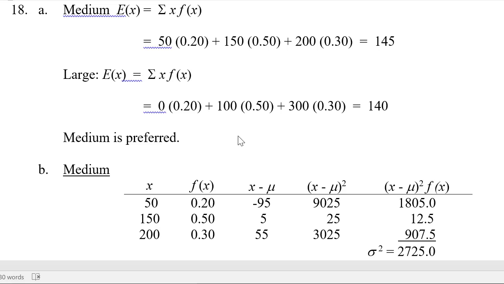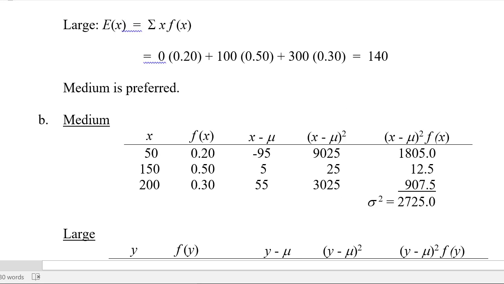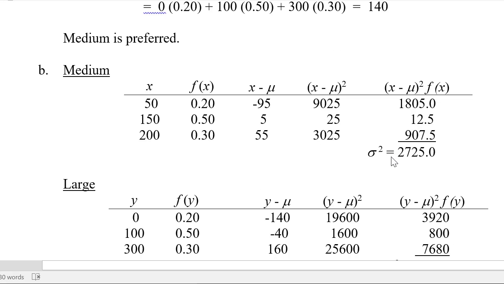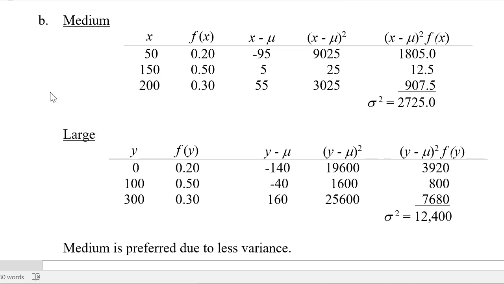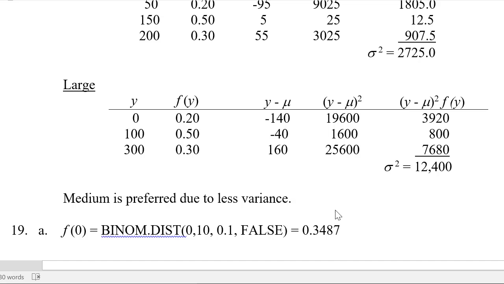Therefore, it's preferred. Then you calculate the variance. And so this is the number I was looking for, 2725 for the medium one and 12,400 for the large one. Again, medium is preferred due to less variance.